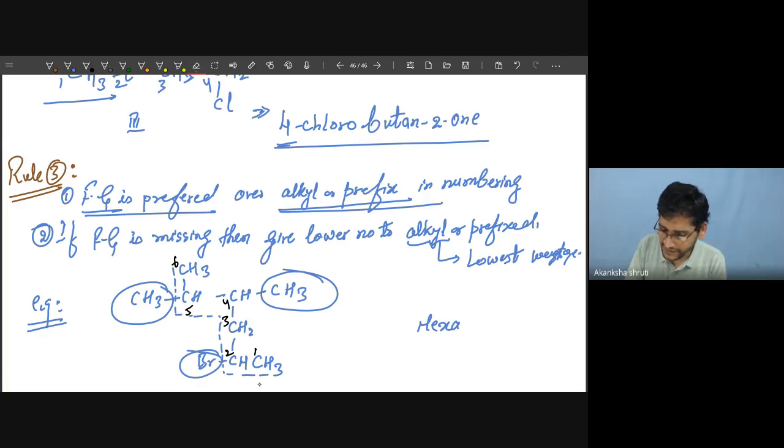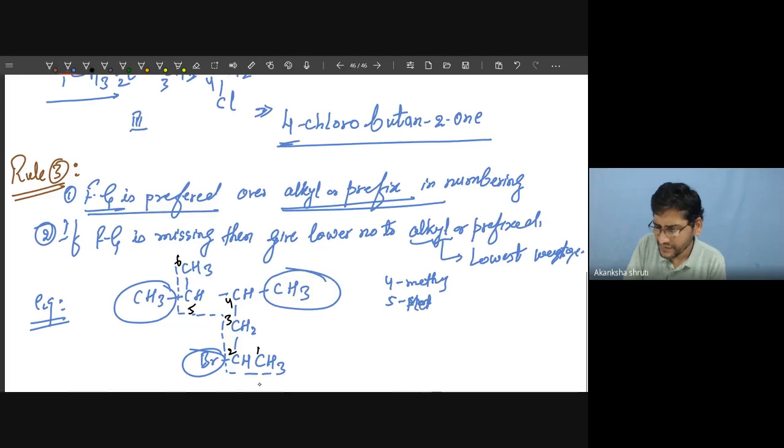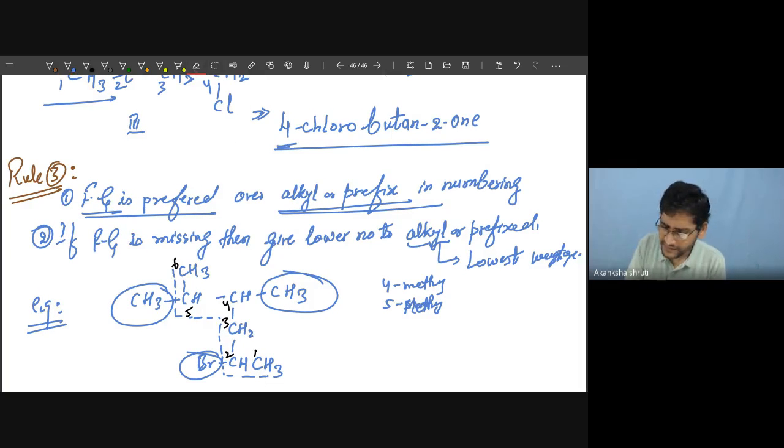So before writing the complete name, what would be the parts of our name? So one is our 4 methyl, another is our 5 methyl, the other one considering the bromine, that will give another prefix, then 2 bromo, then the 6 carbon is there.